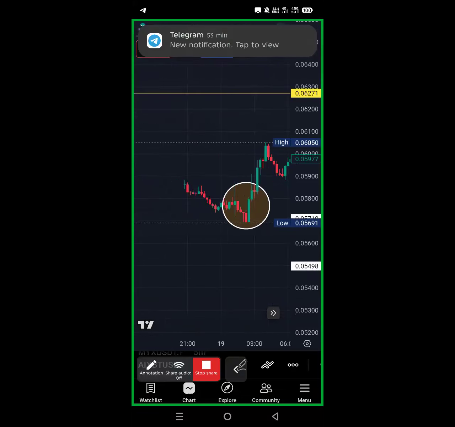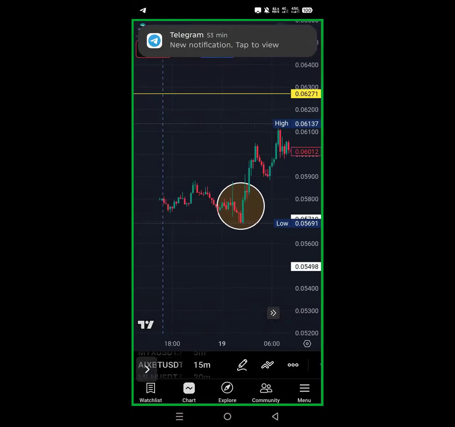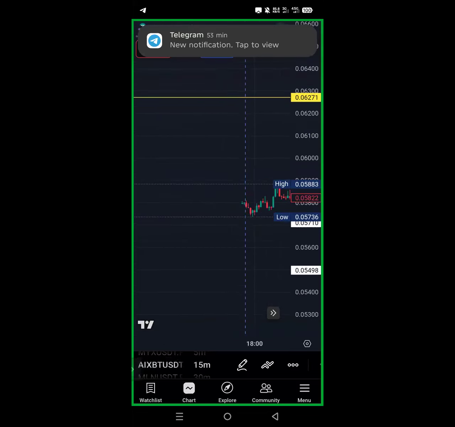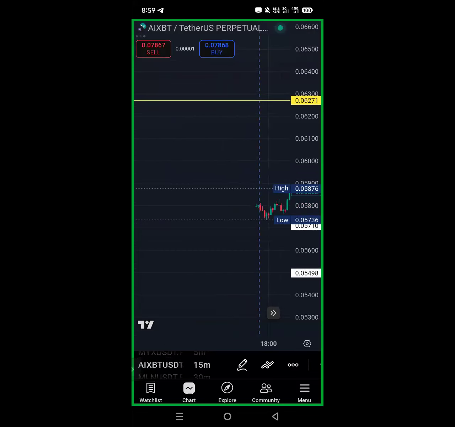So yeah, you can equally go and look through at your free time. The tweezer top, tweezer bottom. Candlestick.